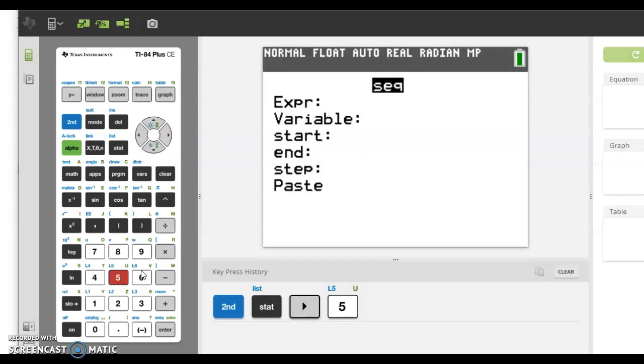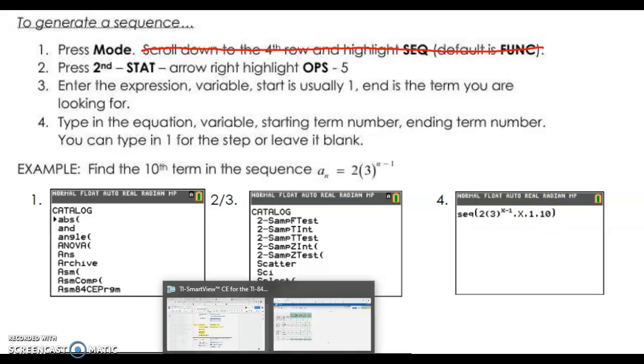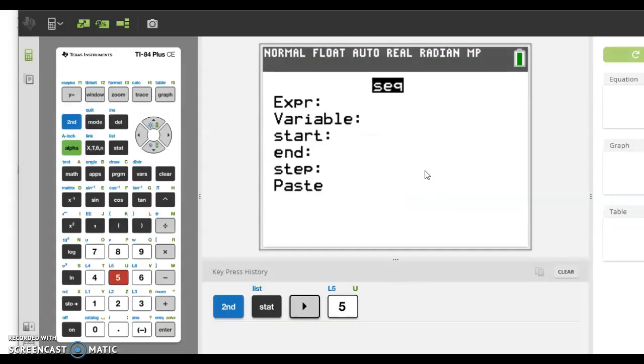Now with the way this is set up, before it used to look different, where you had to type it in to the side. Now it's got everything filled out for us in the calculator with the new update.